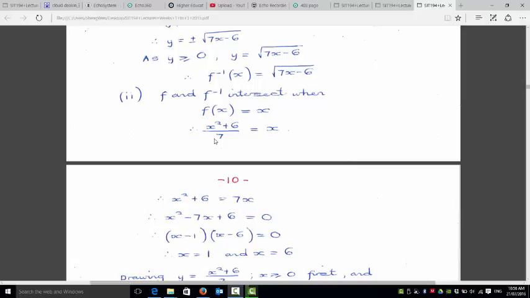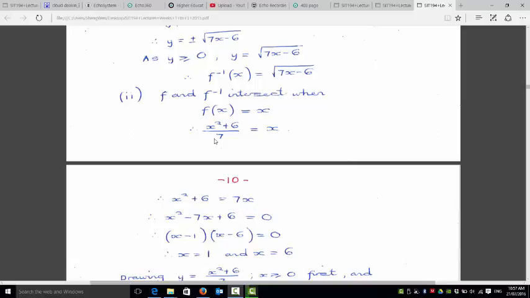In order to find the intersections of the function and its inverse, we need to make sure f(x) equals x, and f(x) here is (x squared + 6)/7.